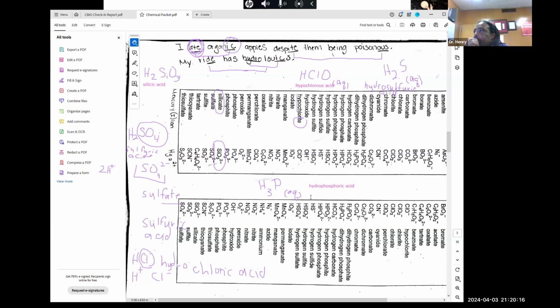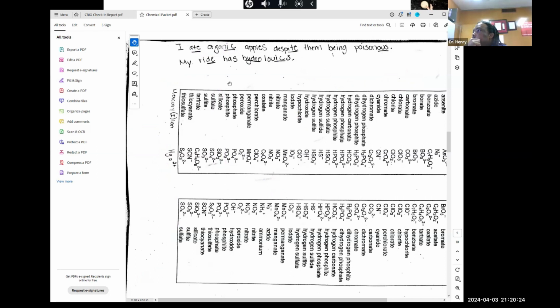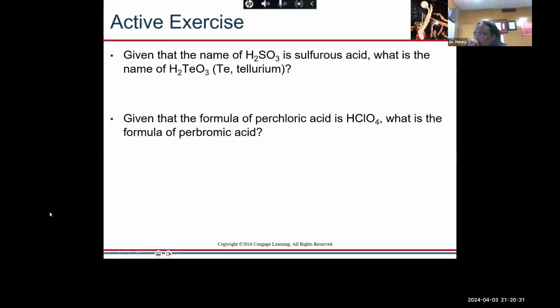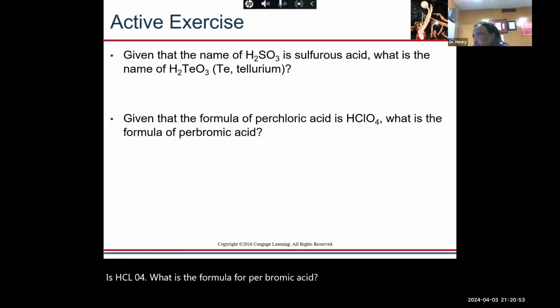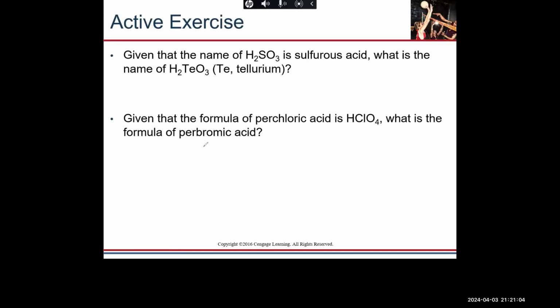Okay, given that perchloric acid is HClO4, what is the formula for perbromic acid? HBrO4.